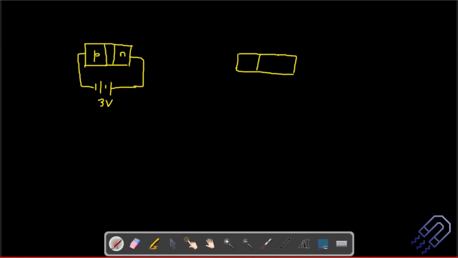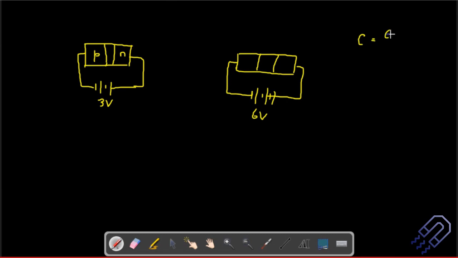If we are having a circuit like this and I increase the voltage a bit more, let's say this is 6 volt, this depletion region will be larger in size. So it is important to understand how the capacitance varies with the size of the depletion region.